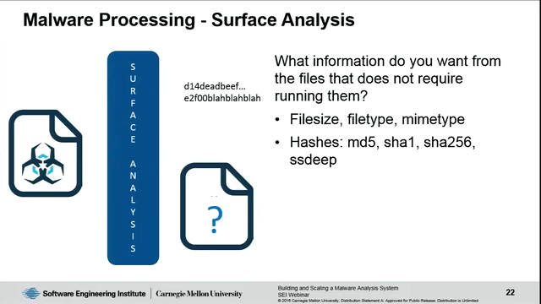It's usually focusing on what it is. So MD5, SHA-1, SHA-256, SSDEEP, those are all hashing algorithms. The first three are, this is exactly what this is based on these bytes. The SSDEEP is a fuzzy hashing system. So you can say it's close to some other file.